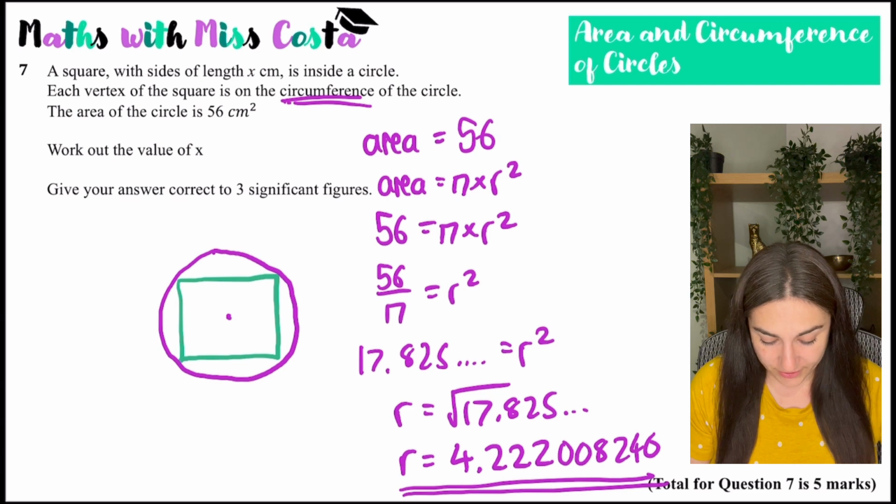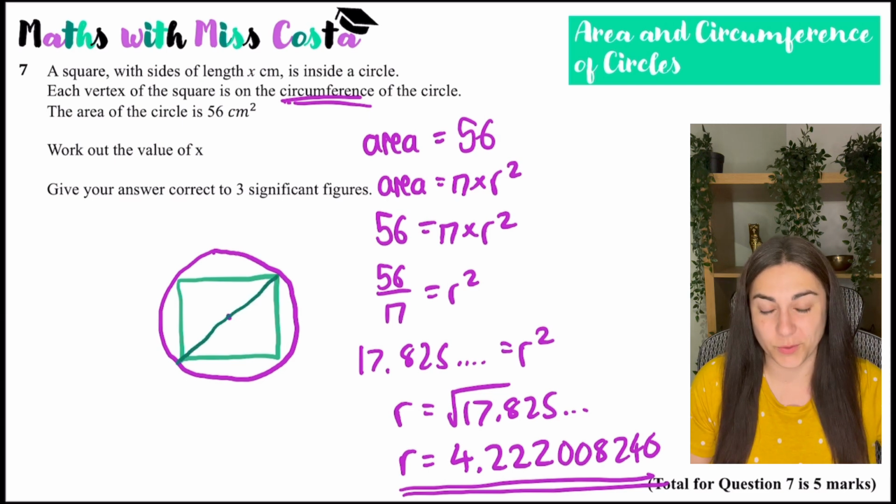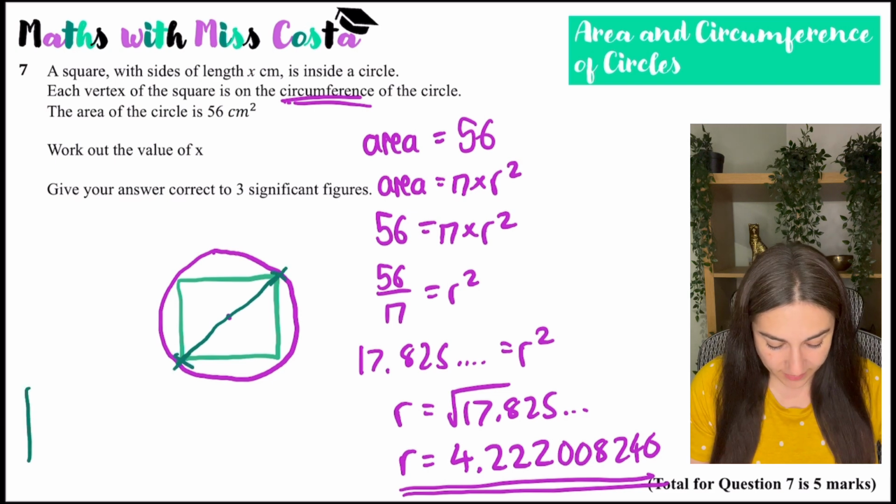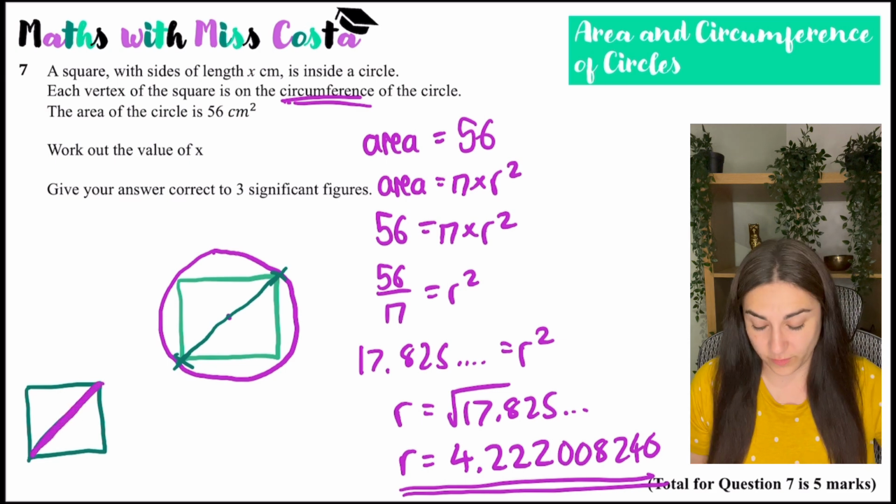So here is my radius, and let's think about what I can do. So I could create a diameter going from one edge of the circle to the other that also is the corners of the square. So therefore I have worked out what the diameter is, and the diameter is the diagonal of the square.